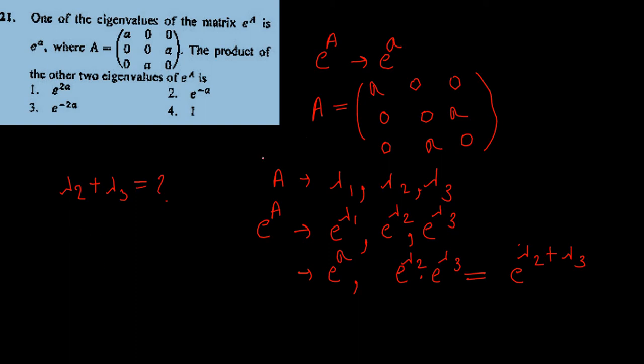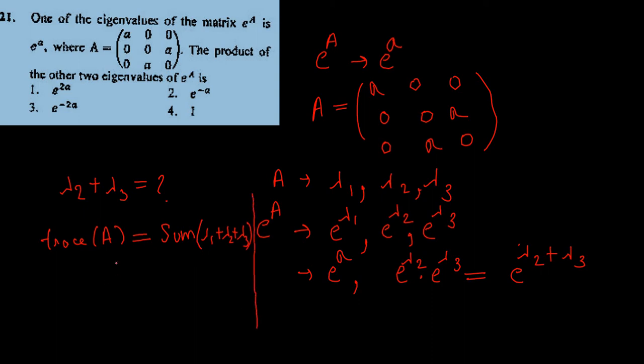We know that the trace of a given matrix, that is the trace of A, is equal to the sum of eigenvalues, lambda 1 plus lambda 2 plus lambda 3.